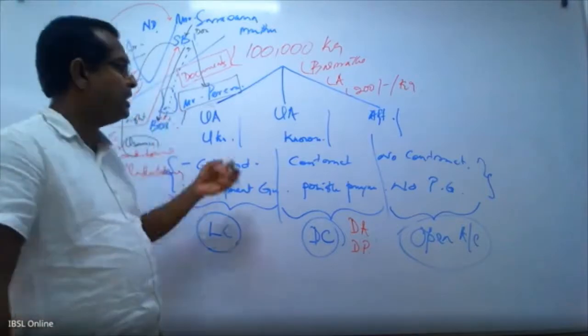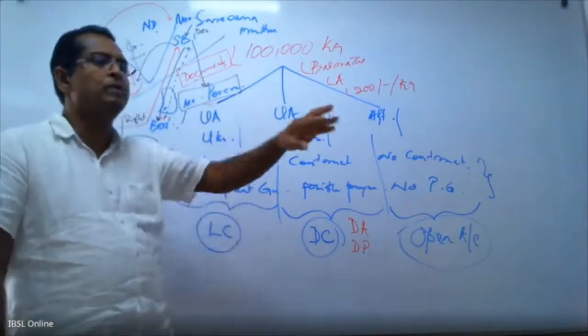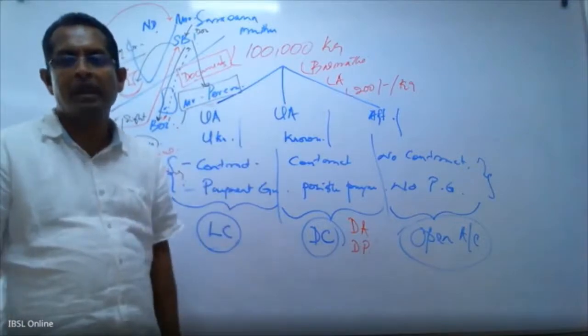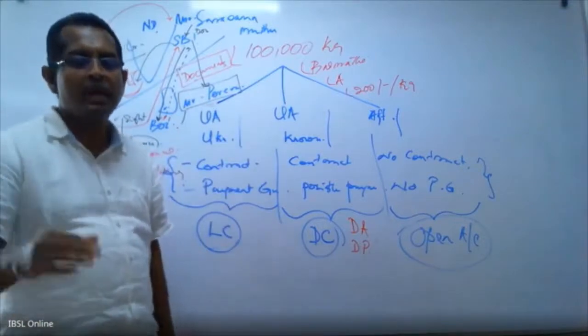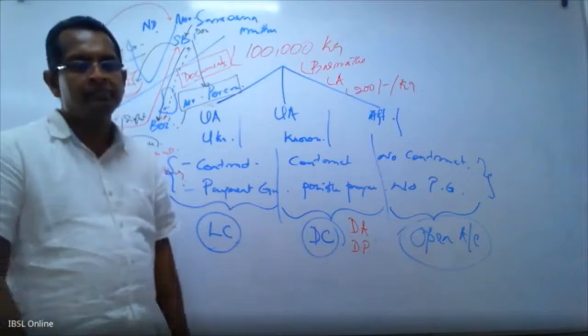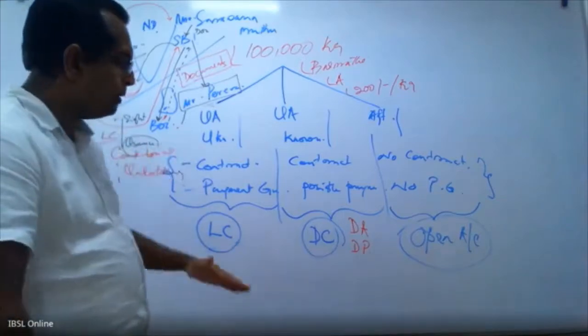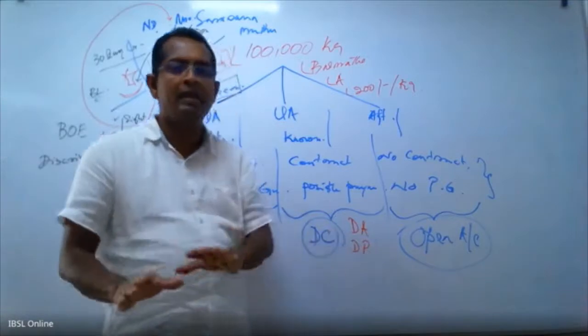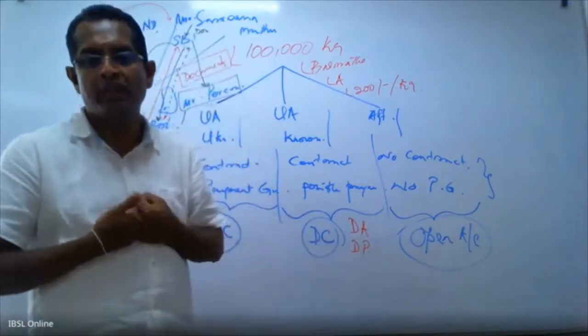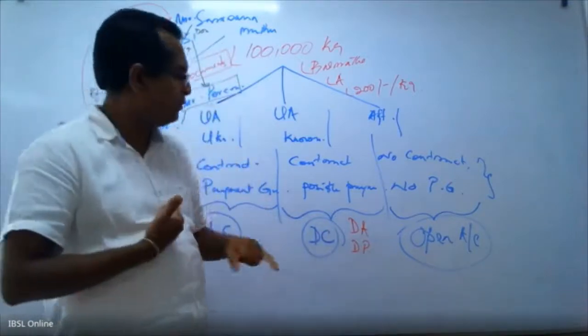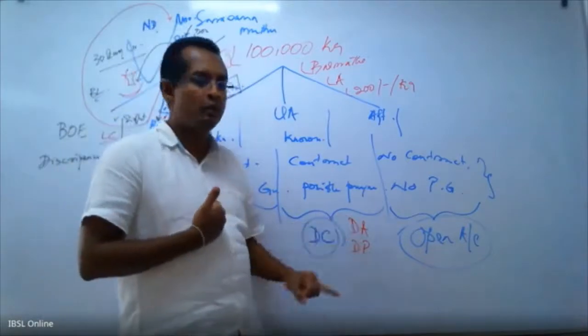State Bank of India will refuse to send documents to our bank, saying whatever goes there does not get returned. So it is not a reliable bank. So normally DA documents are handled for known customers only.